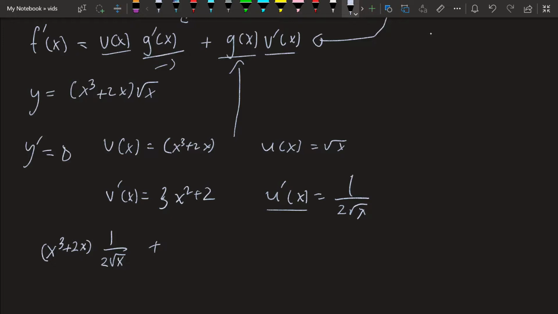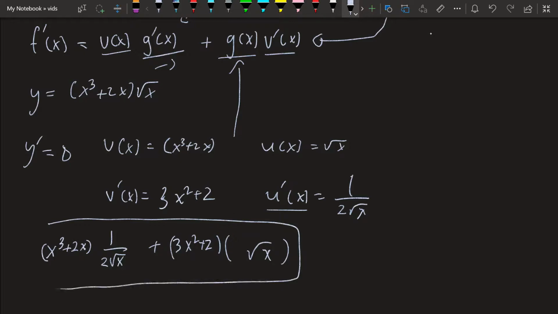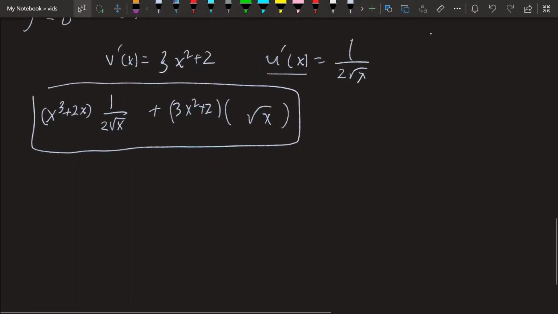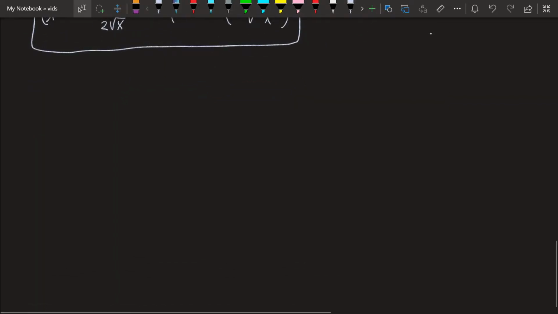So it's going to be 3x squared plus 2 multiplied by radical x, right? And this is your answer. Now, what you can do is simplify, but that's up to you. If you want to simplify, this will probably simplify into a very small equation. Good for you.